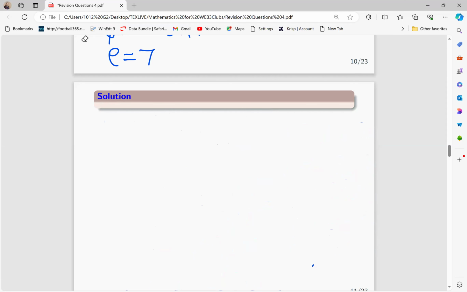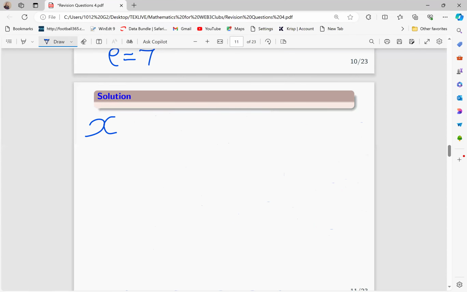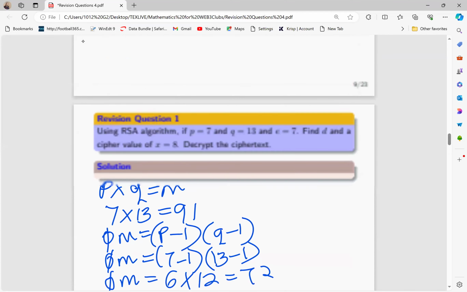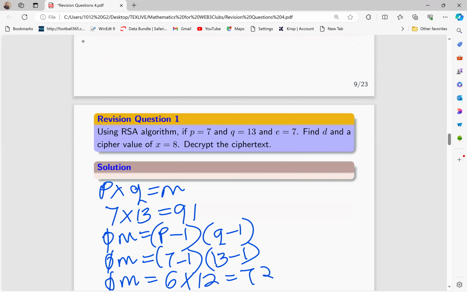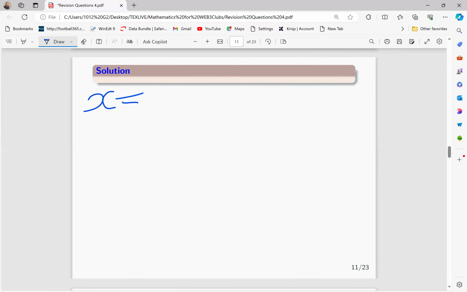So for the encryption, we are encrypting the message X so that it becomes Y. Our message X, the value of X, is 8.